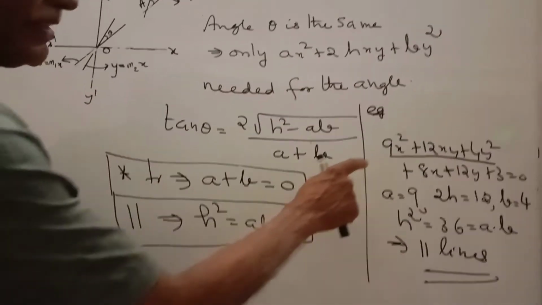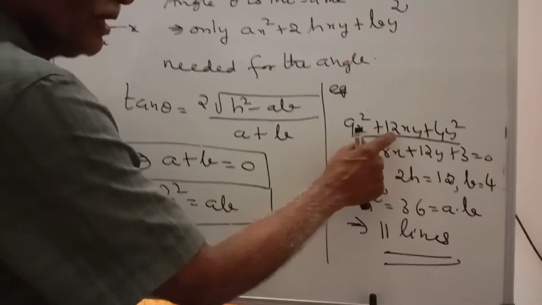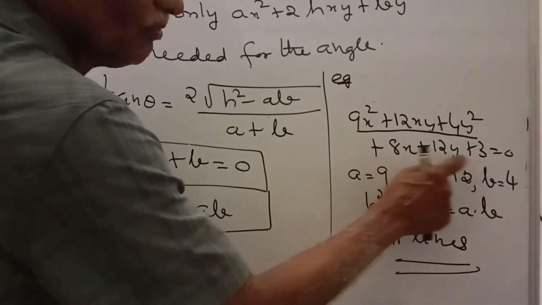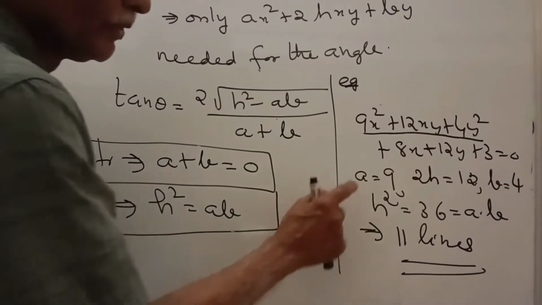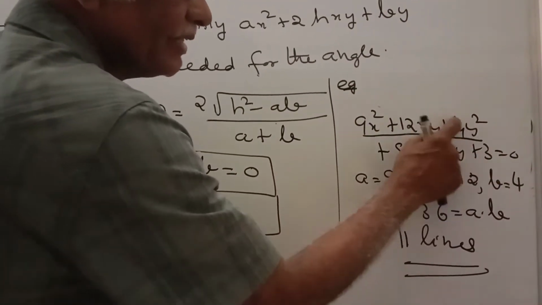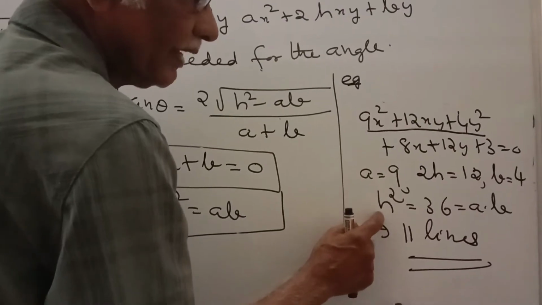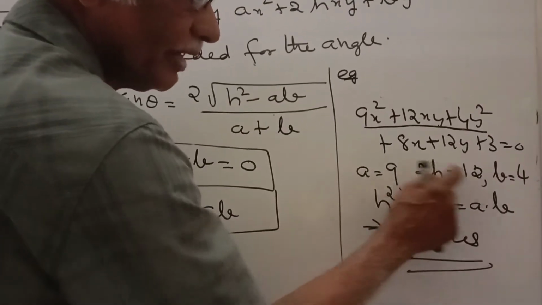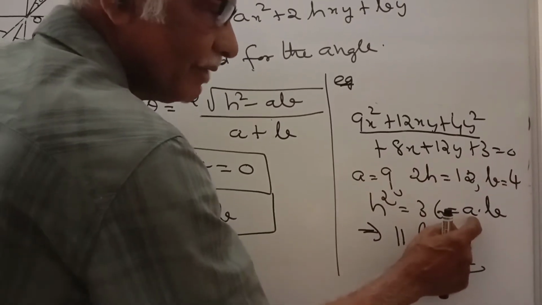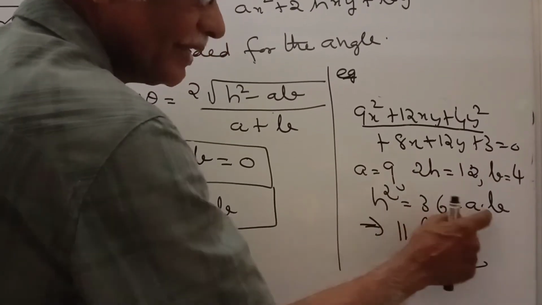Now look at this example. 9x squared plus 12xy plus 4y squared plus 8x plus 12y plus 3 equal to 0. Here a is 9, 2h is 12, b is 4. So h squared is 36: 12 by 2, 6 squared is 36. And 9 into 4, ab is 36. So h squared equals ab.